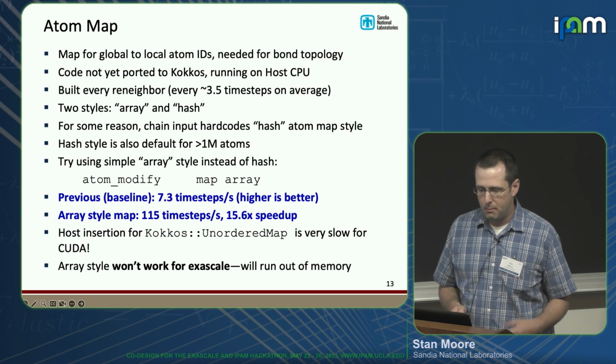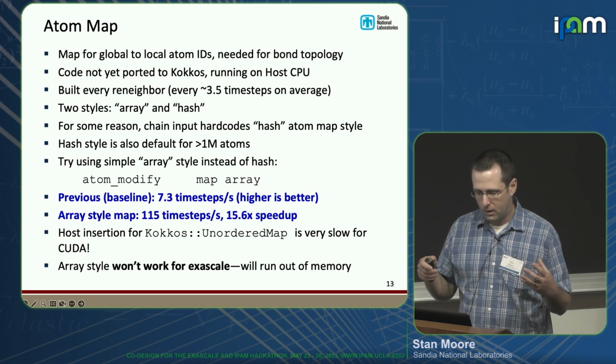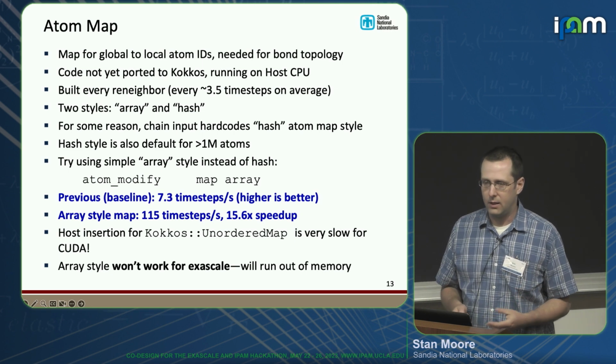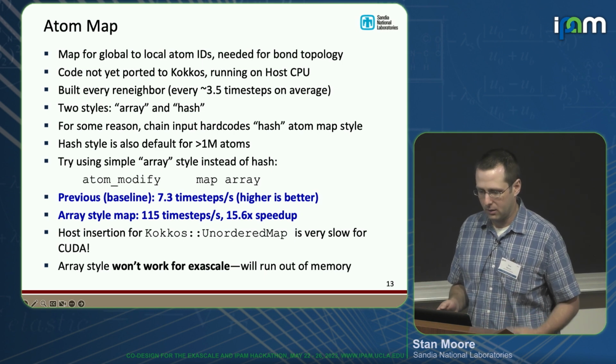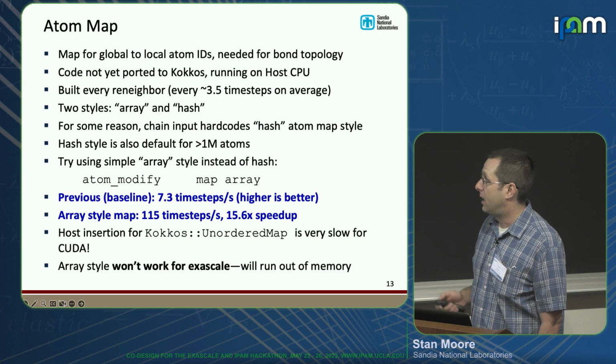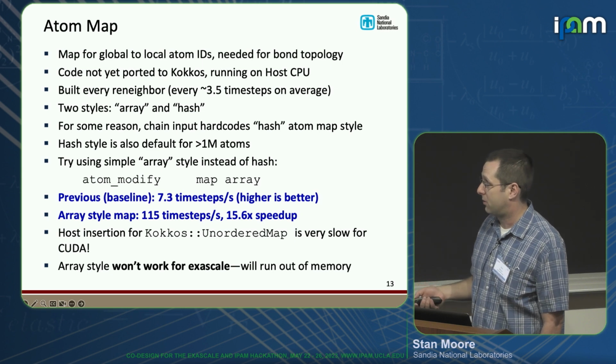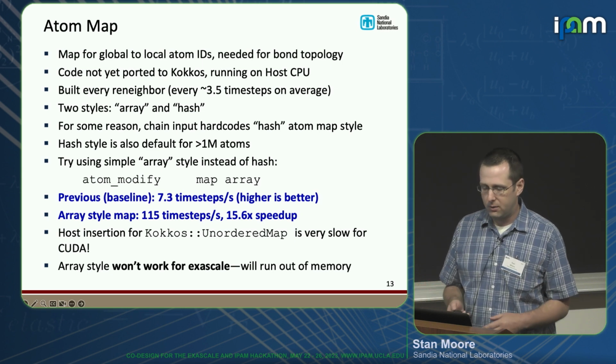The atom map is basically a map for global to local IDs. We need that to build the bond topology list for our bonded calculations. And this code is not yet ported to Kokkos, so it's running on the host CPU. It's built every time we reneighbor, and that's about every 3.5 time steps on average.